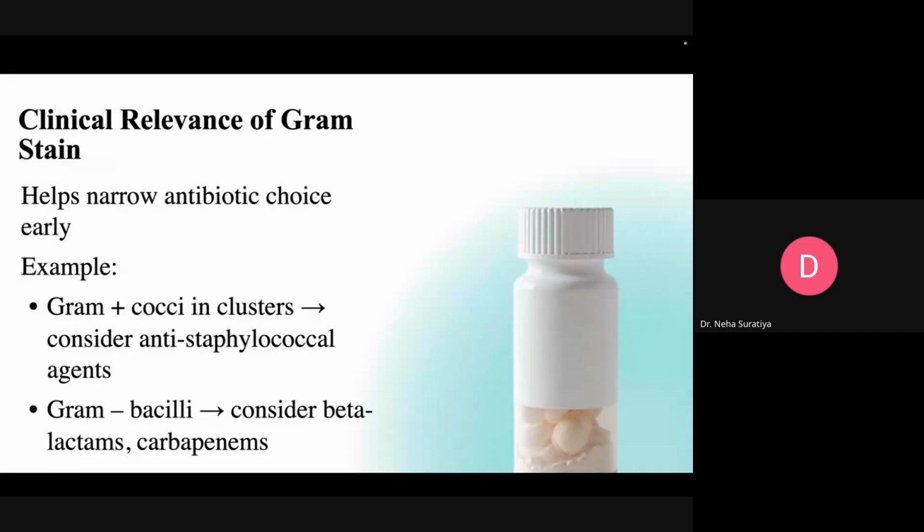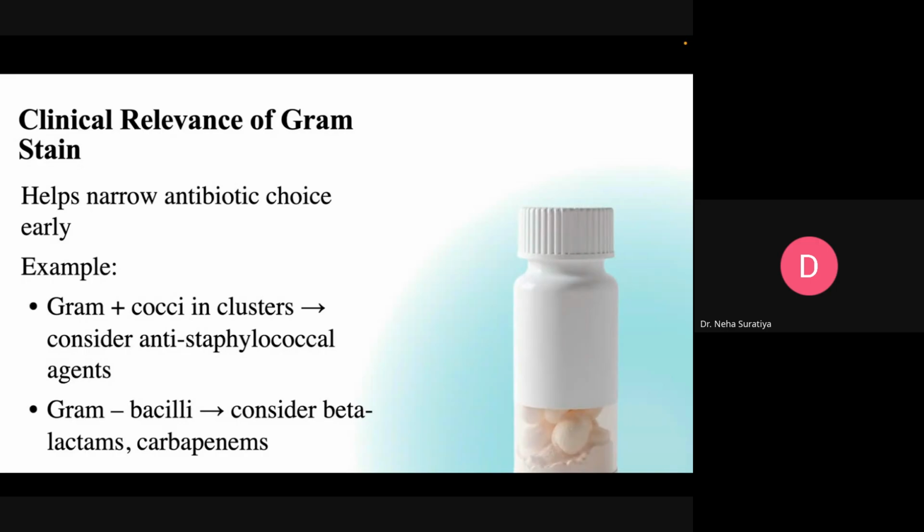This is how you can relate your report to your clinical choices. If your report suggests gram positive cocci in cluster, staphylococcus, you will consider an anti-staphylococcus agent for treatment.